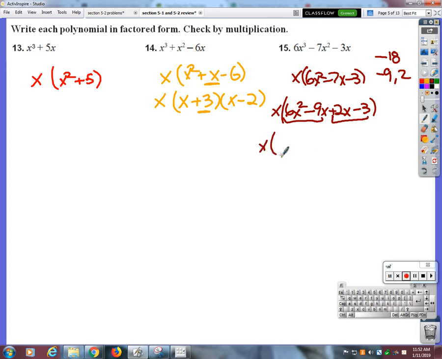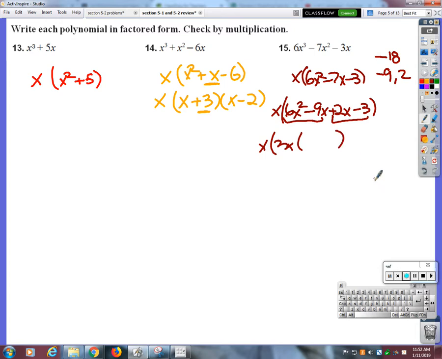What can you factor out of 6x squared minus 9x? What can I factor out of 6x squared minus 9x? A 3 and an x. Good.